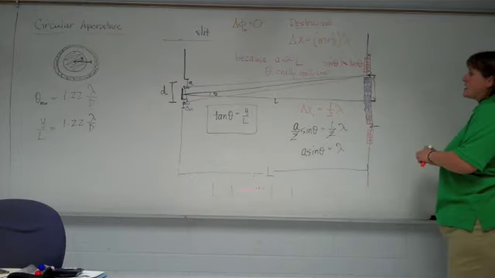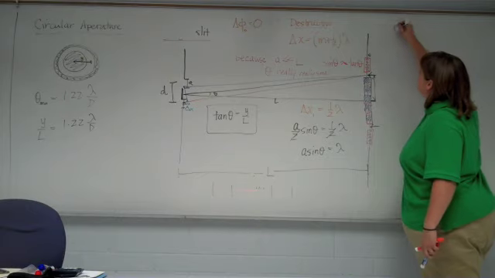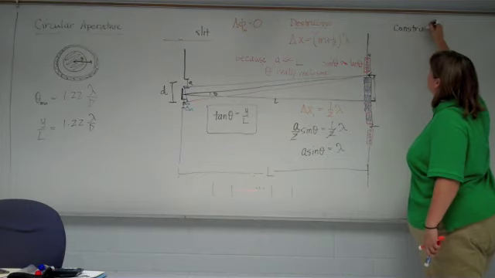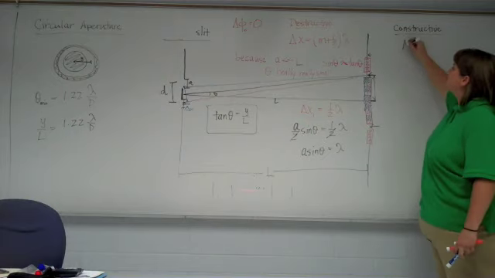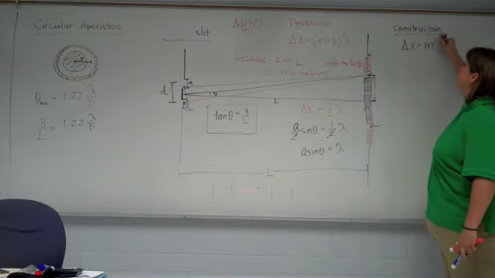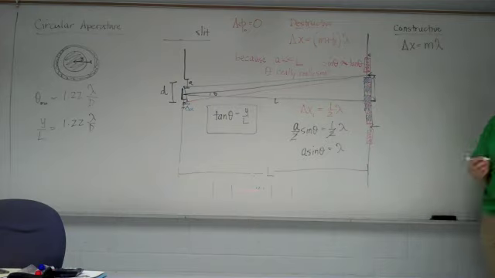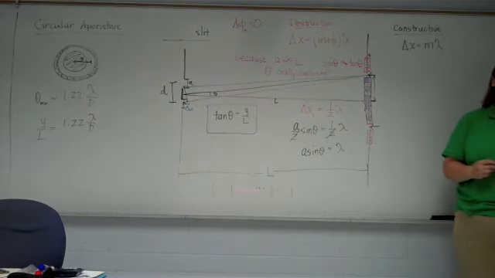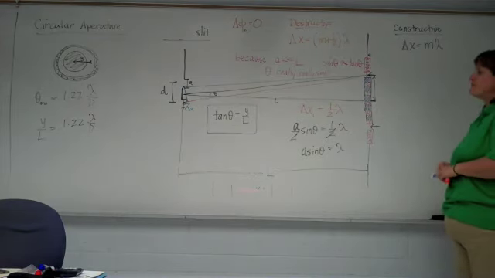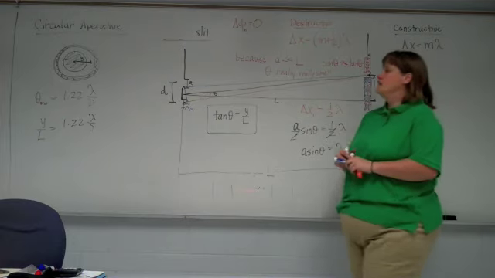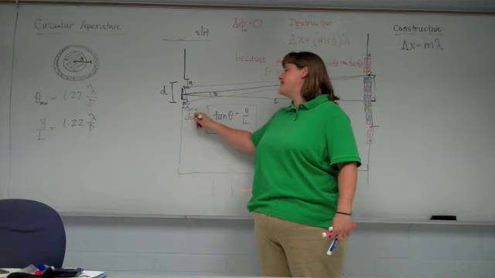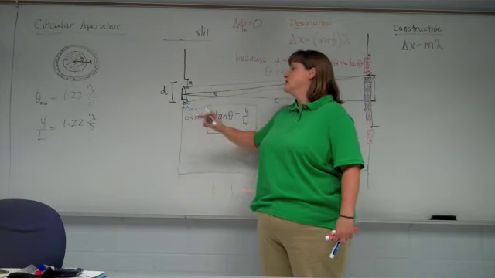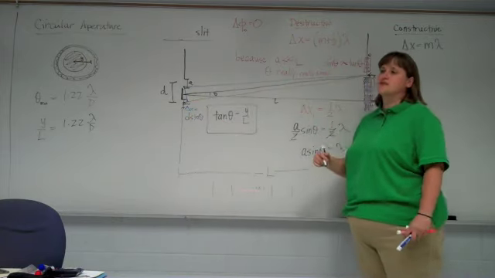We can easily talk about constructive interference as well now. They're all easily found. Delta x will be m lambda for constructive interference. Our extra distance is now d sine theta, for the same reason it was a over 2 sine theta before.